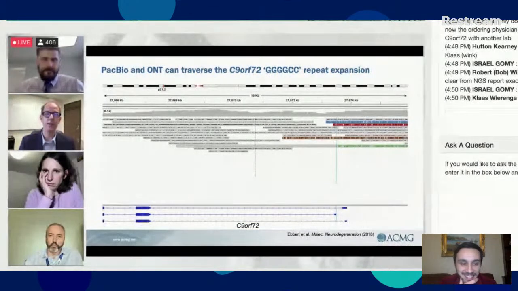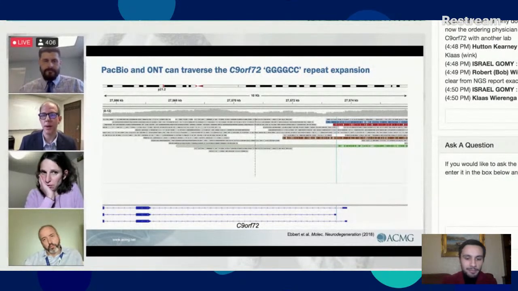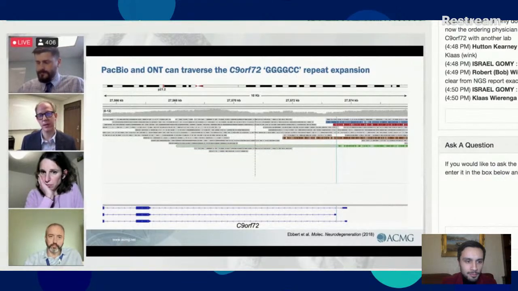And the short answer is yes, they do. And what I'm showing here is a pileup of PacBio data, but Oxford Nanopore data would be quite similar. And we're able to get reads that either went deep into the repeat expansion or actually spanned the expansion.